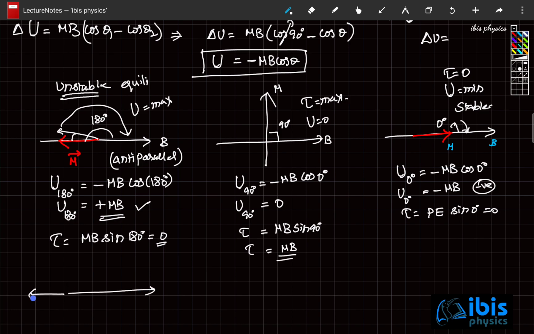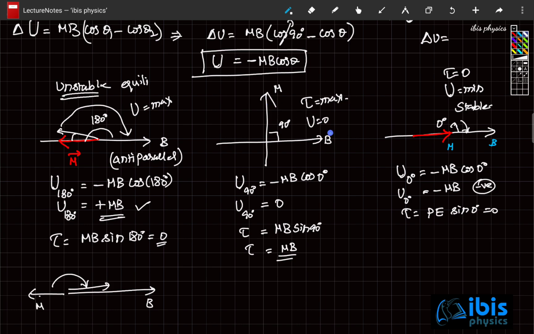Here is the magnetic field, suppose this is the dipole. If you slightly disturb it, the dipole will immediately move and align in the direction of the magnetic field. So it goes from the anti-parallel configuration to the parallel configuration upon the slightest disturbance. That is why it is called unstable equilibrium.